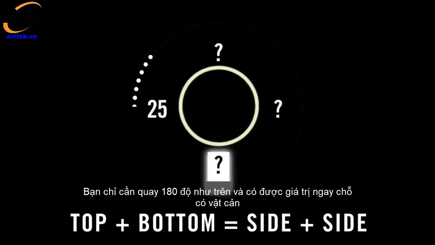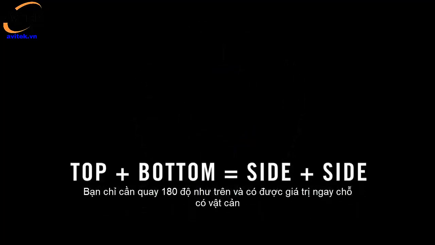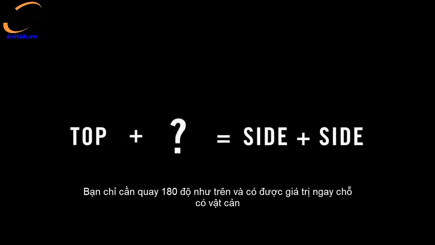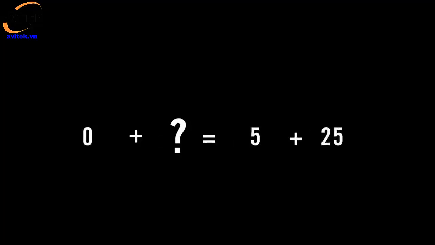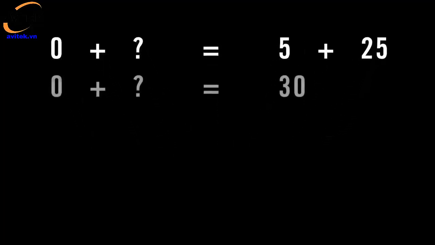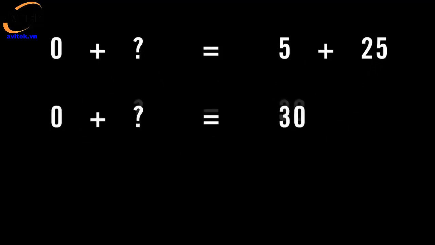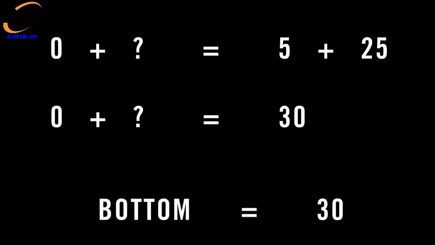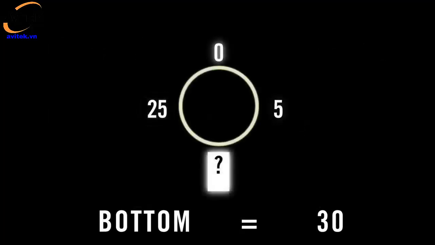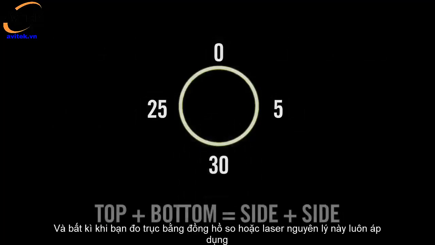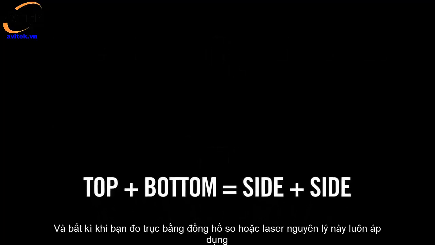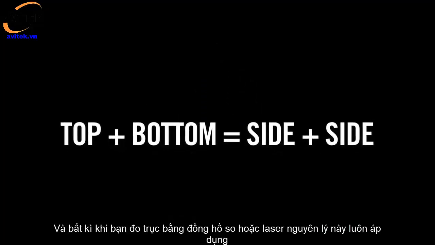We only have to rotate 180 degrees and take just 3 readings, since if we know 3 of the values, we can always calculate the 4th value. Whether you're using dial indicators or a laser alignment system, this rule still applies.